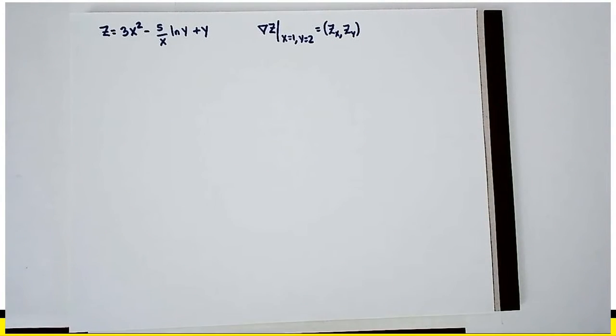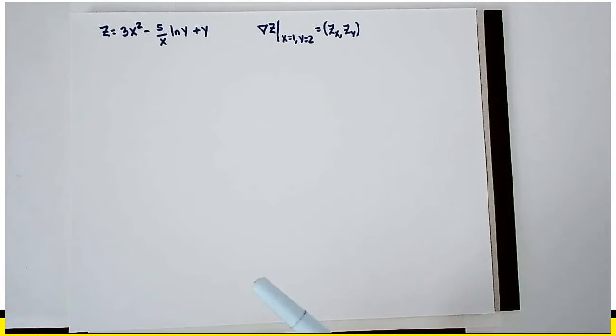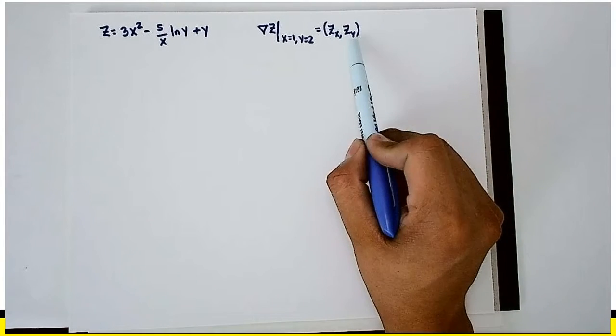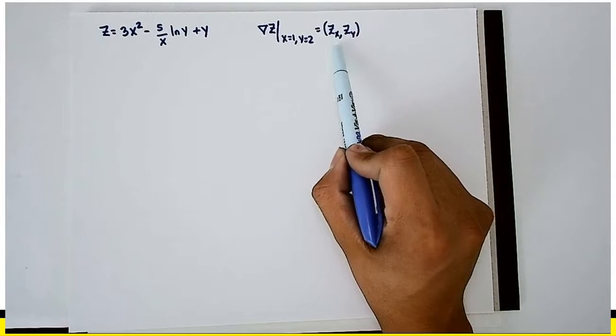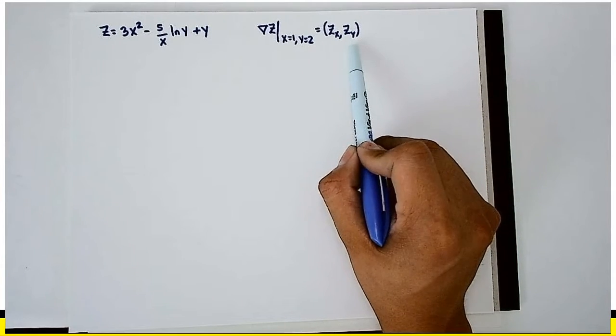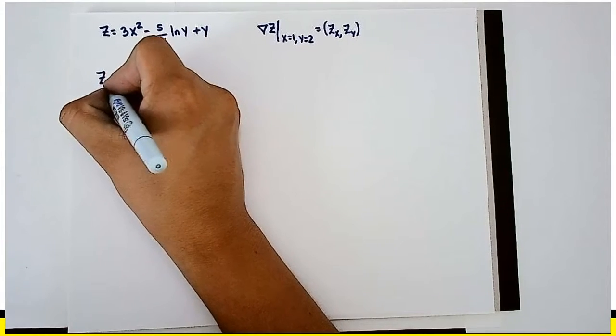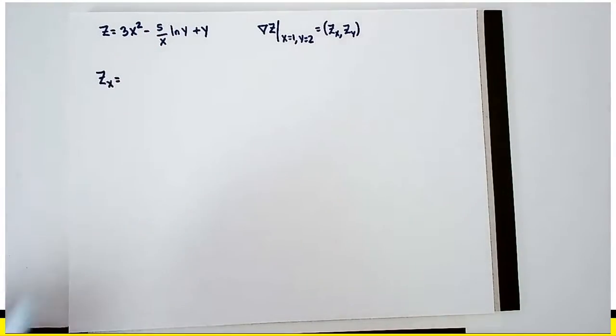Now let's find the gradient of the second function. Remember that the gradient is a coordinate point in which the first element is a partial derivative with respect to x and the second element is a partial derivative with respect to y. Let's start with the partial derivative with respect to x.